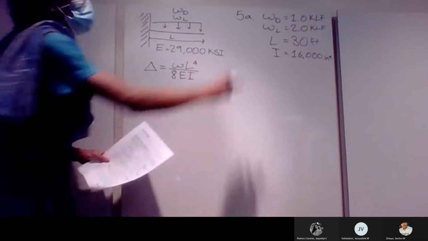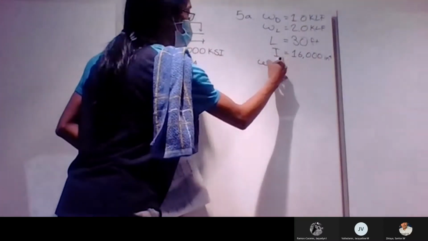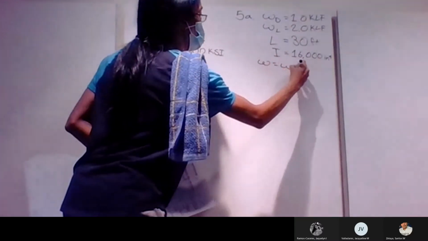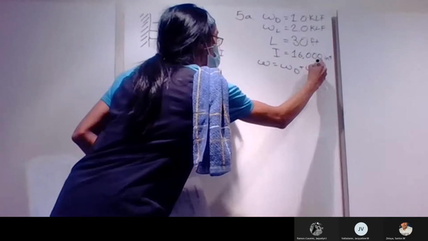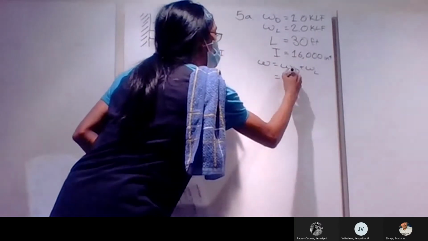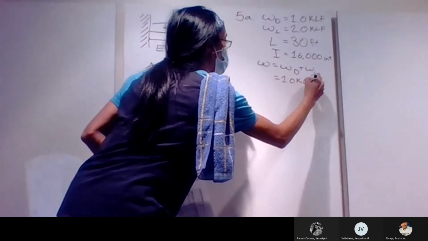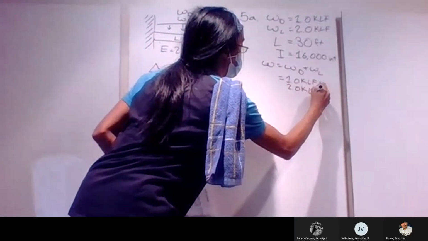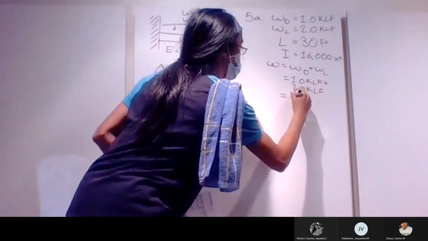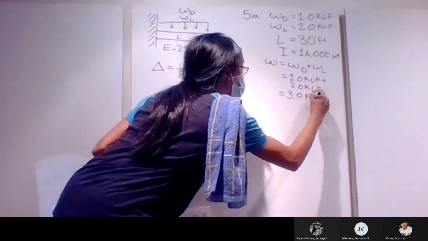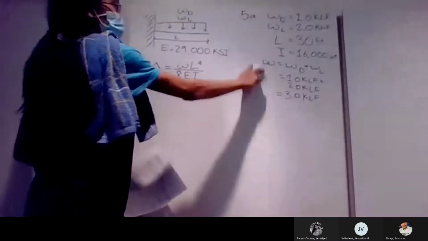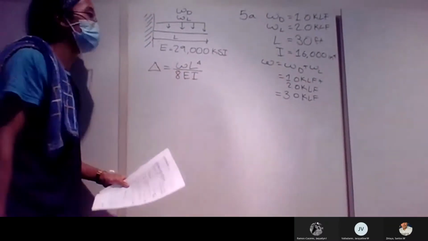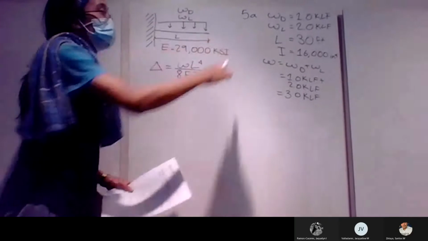We can just add these together. So load is equal to dead load plus live load, 1.0 KLF plus 2.0 KLF, and we get 3.0 KLF for the load. So we got that one. We got the length, 30 feet.